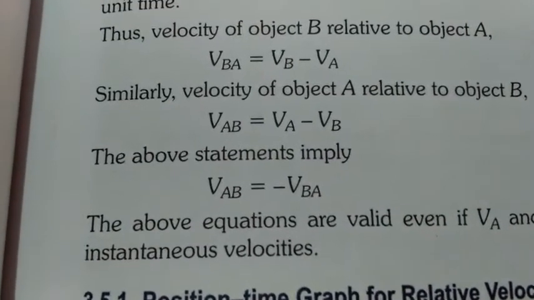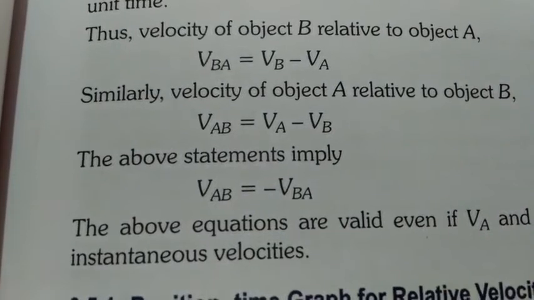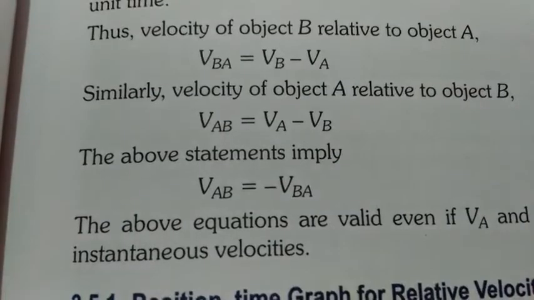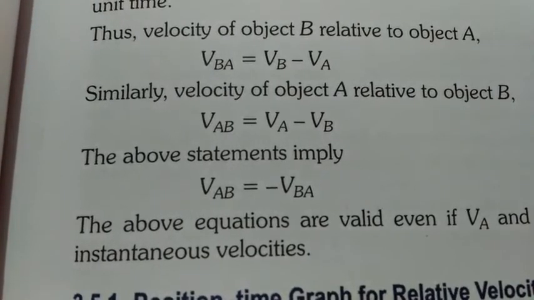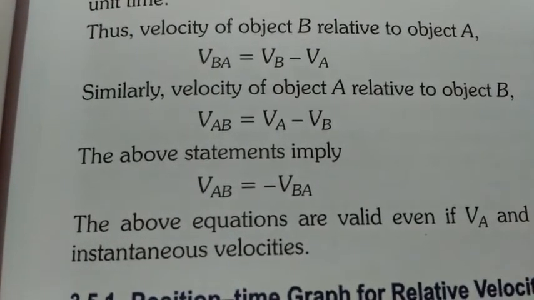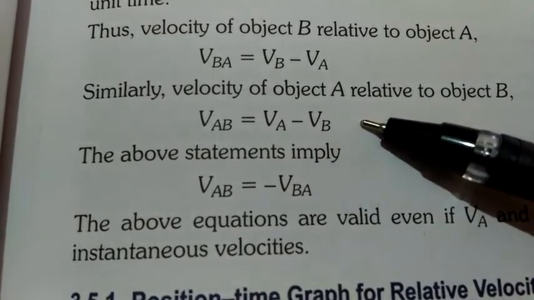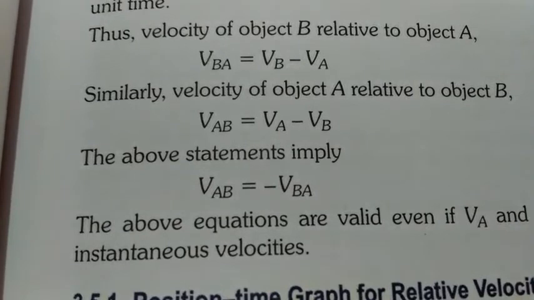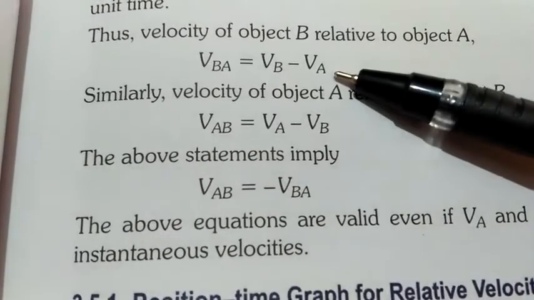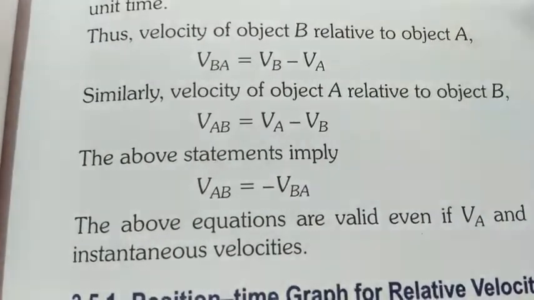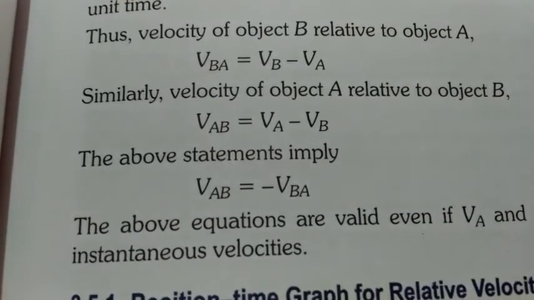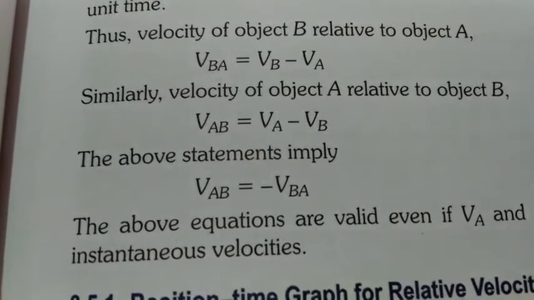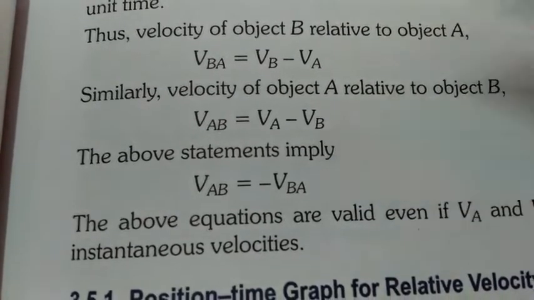So when we have to find the velocity of object B relative to object A, we will write it as VB minus VA, and when we have to write the velocity of object A relative to object B, we will write it as VA minus VB. So for the relative velocity of B with respect to A, we write VB minus VA, and for the relative velocity of A with respect to B, we write VA minus VB.